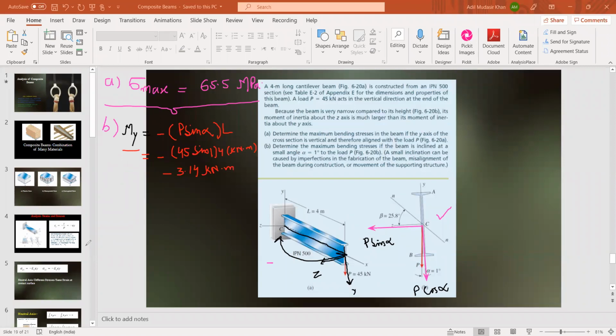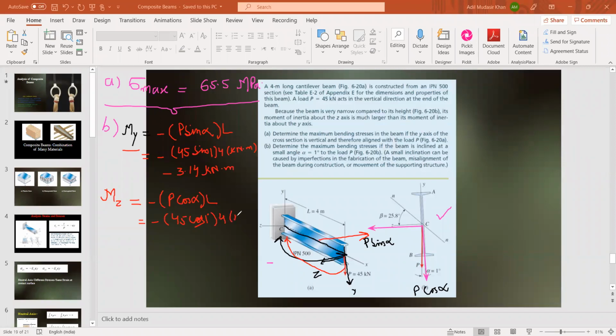Okay, now calculate the moment along z-axis, that is Mz. The moment along z-axis will be created by this P cos alpha. Okay, this P cos alpha will now try to rotate the beam in this direction, in the downward direction. Okay, if you curl your fingers, your thumb will be in the negative z direction. That's why this will be equal to minus P cos of alpha into L. That will be equal minus P is 45 kilonewton, cos of 1 degree multiplied by length is 4 meter.